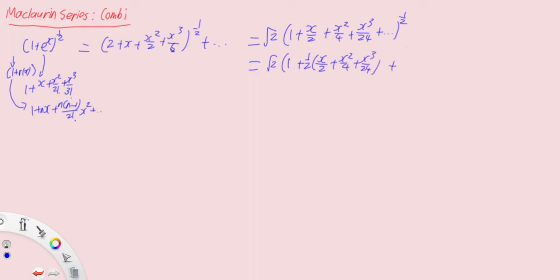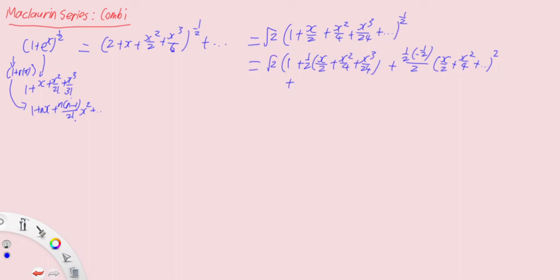Next one, half times minus half over 2 times f(x) squared, so x over 2 plus x squared over 4, squared. Since we're only interested up to the cubic power, we need not include the x cubed over 24 here, because this whole thing is now f(x) squared. So we can simply add dot dot dot.